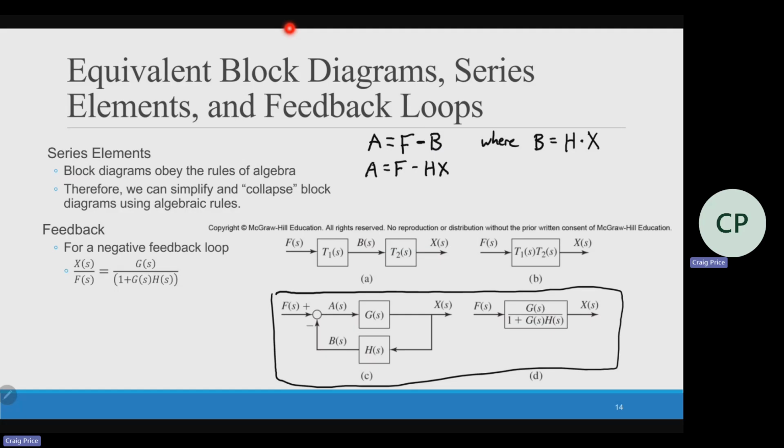I'm not quite there. What I want to get is output is X, input is F. So I need to figure out what is A, how I can rewrite A. What is X equal to?